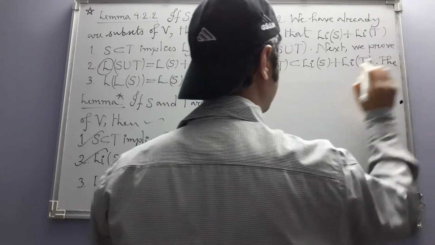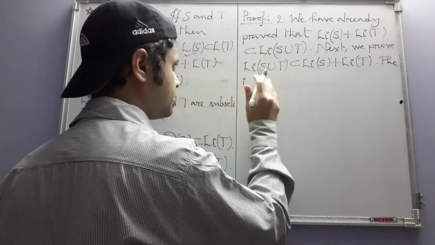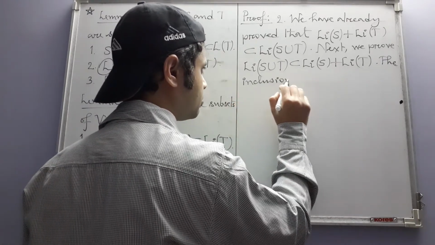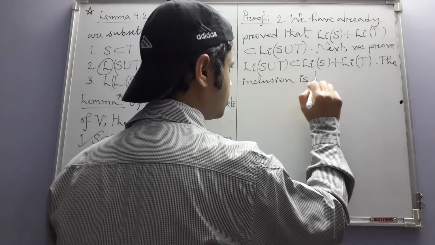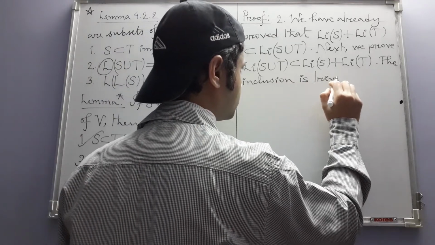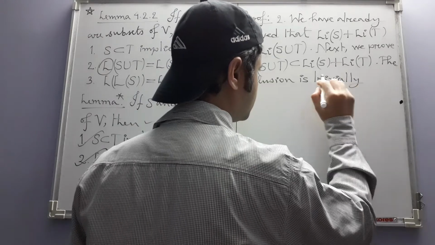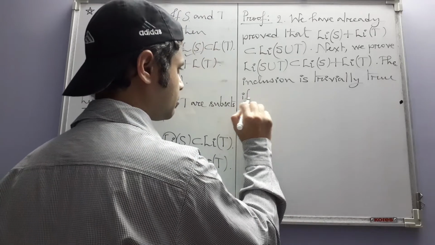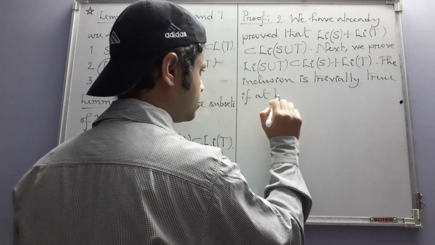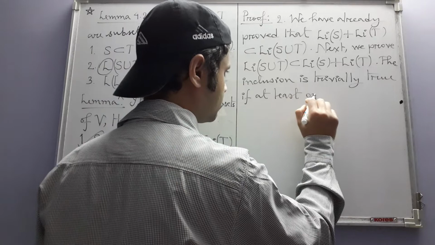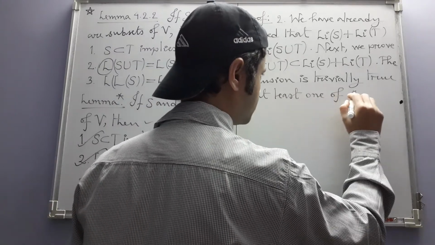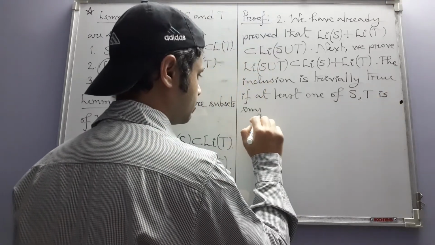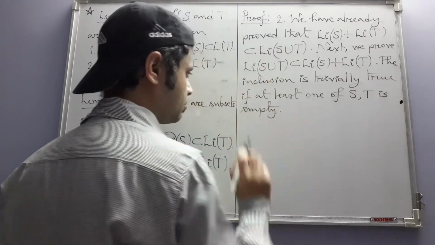The inclusion that we want to prove is trivially true if at least one of the sets is empty.